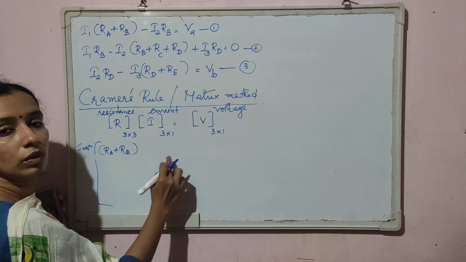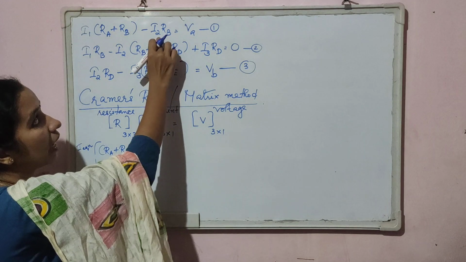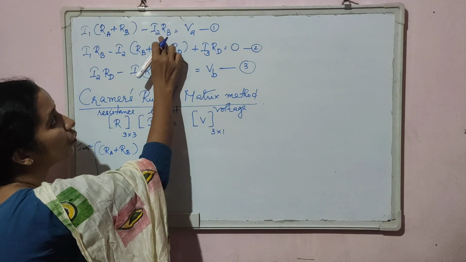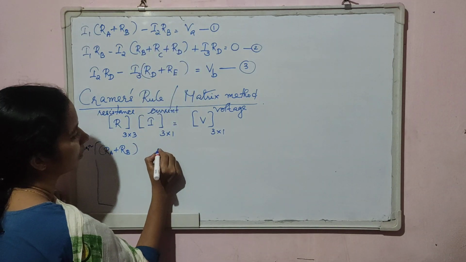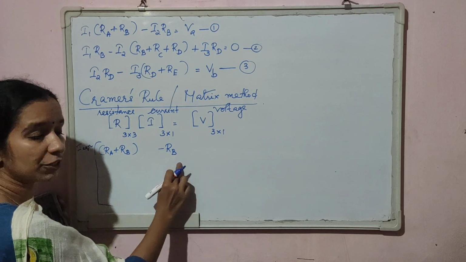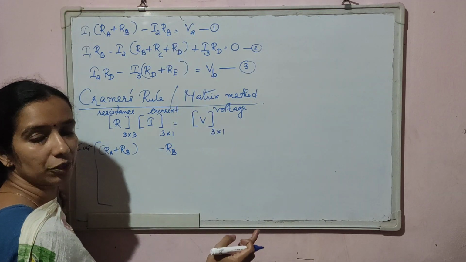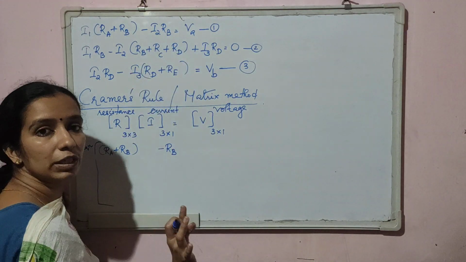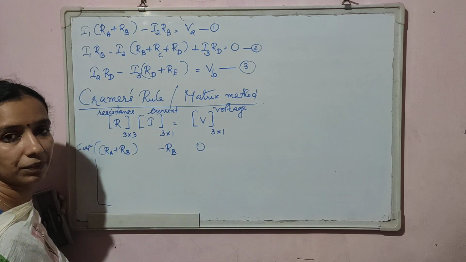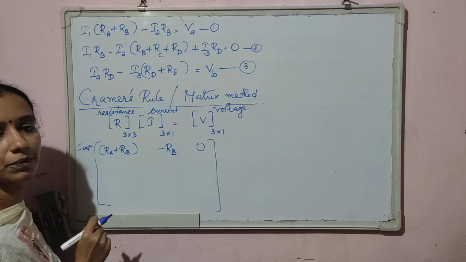Now, the second element in the first row will be the coefficient of I2 in the first equation, which is minus Rb. And the first row, third element is the coefficient of I3 in the first equation. Here there is no term containing I3, so that should be marked as 0. That is the first row of the resistance matrix.